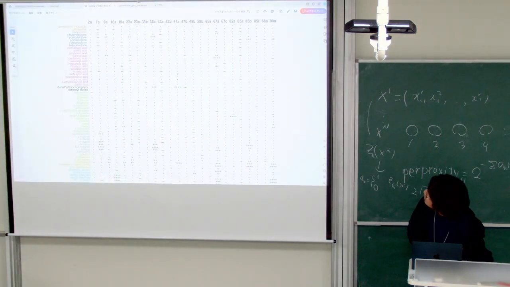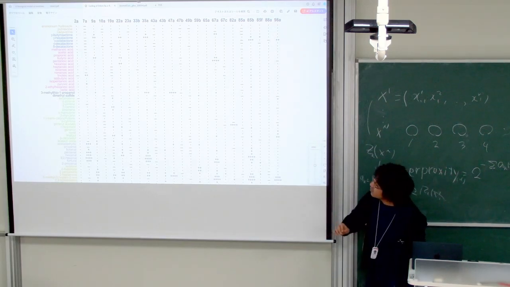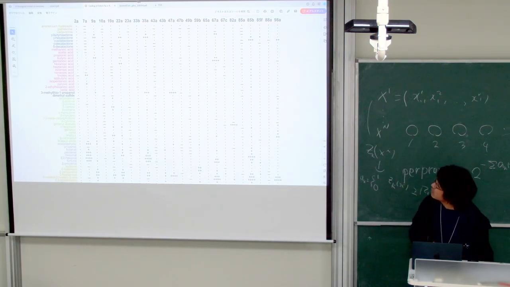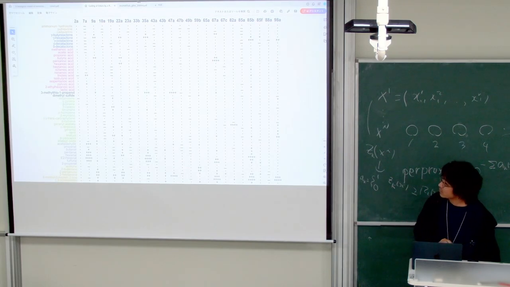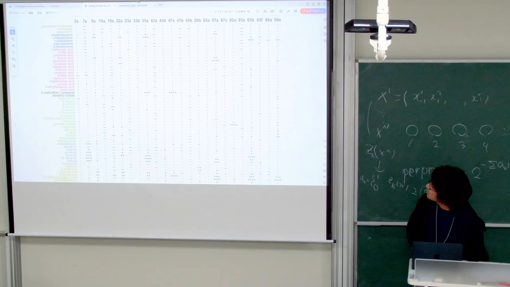Maybe there are a bunch of olfactory neurons, which are on or off. It's the activity of sensory neurons, about 20 sensory neurons, and how much they are activated.